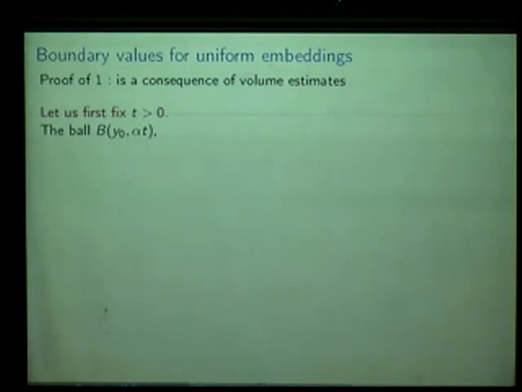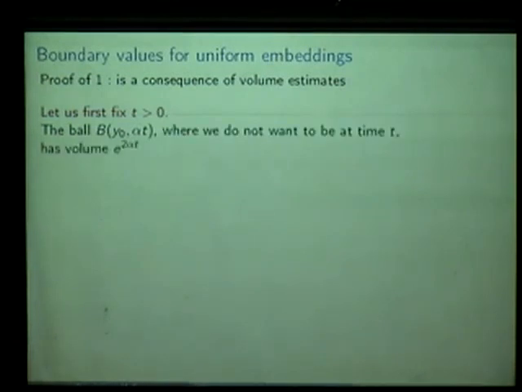This is the place where you do not want to be at time t. You want to be outside of it. The good ones are those for which the image f of psi t is outside this ball. Since we are in hyperbolic space, this ball has volume e to the 2 alpha t, and so you can cover it with this many balls of radius, say, 1.